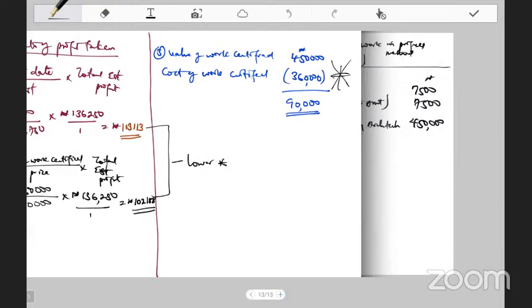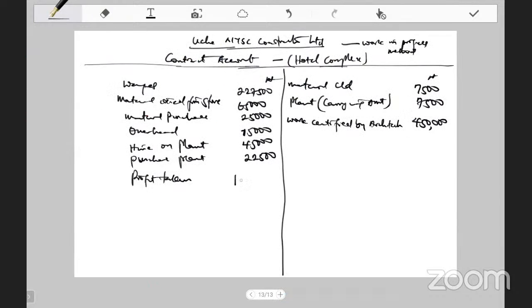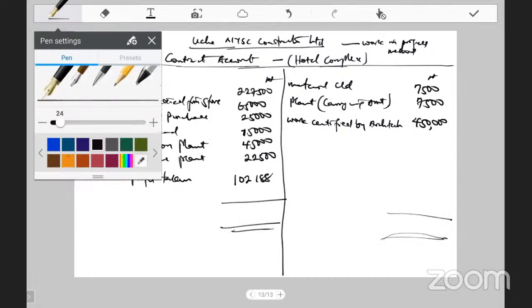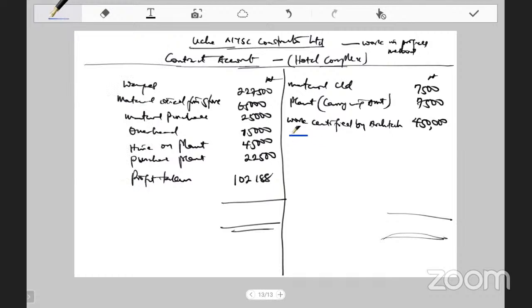And that's why we are taking the profit here to be one. What's the value? 102,188. You can see how simple it is. So what you are now going to tell me is what is the balancing figure here. And that balancing figure is referred to as our work in progress value.